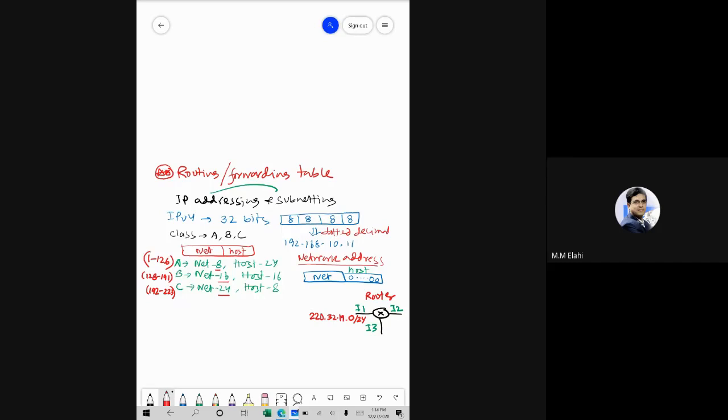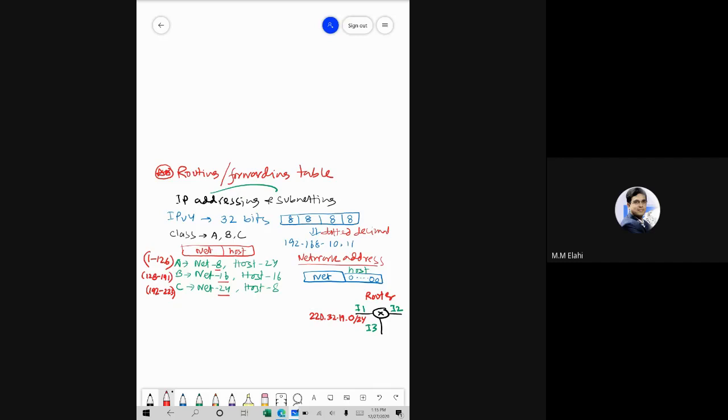Whenever that is a class C network, by default number of network bits is how much? 24, right? But it can change after subnetting. But for this example here there is no subnetting, so that's why I put a 0 and then /24 means number of network bits. Since it's a class C address, number of network bits is 24.